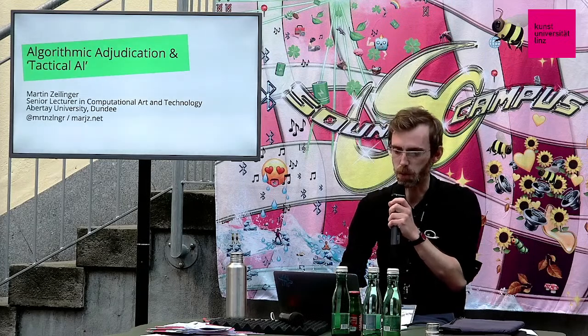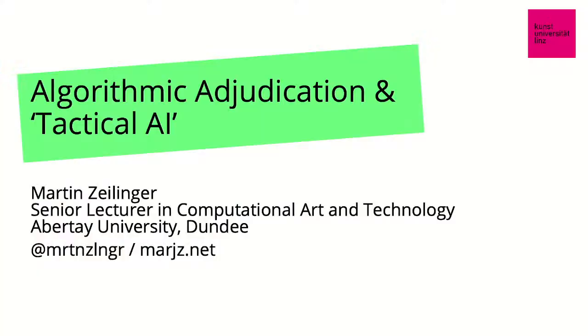These are the two concepts that will tie this discussion together for me today. The first one being algorithmic adjudication, by which I mean the outsourcing of decision-making processes to computational agency. And the second concept being what I will describe a little later on as bias contagion.